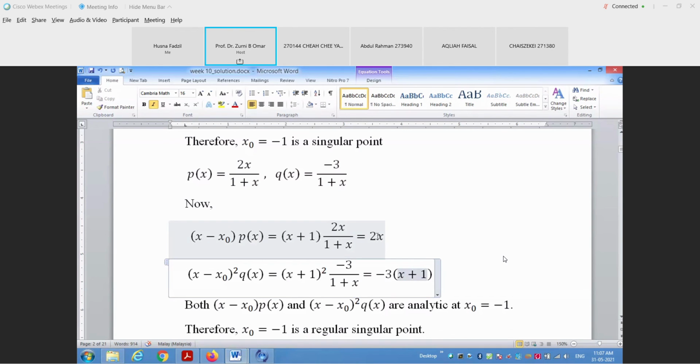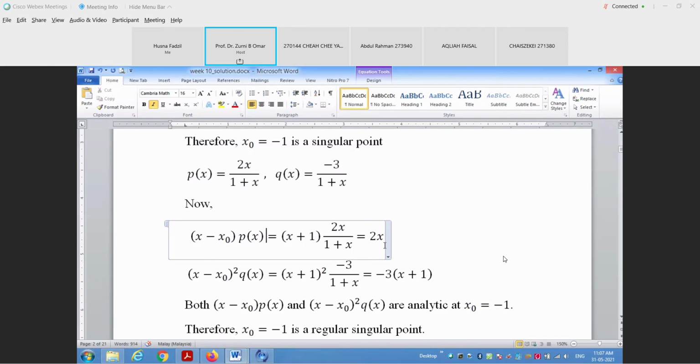So both functions give some value, which means both functions are defined at x naught equal to minus 1, meaning that both functions are analytic.